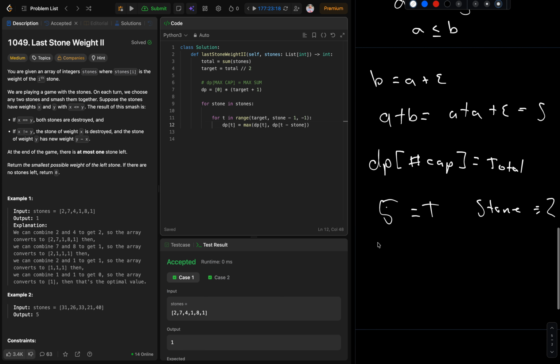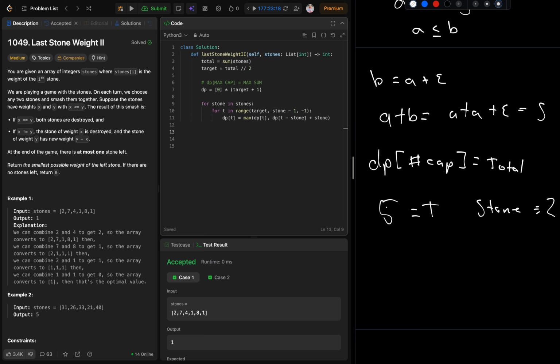The only way we can get to this target is if we were at target 3 and we took in the stone, right? That will have a max sum, and we have to add our stone to that max sum. I think that's basically it.